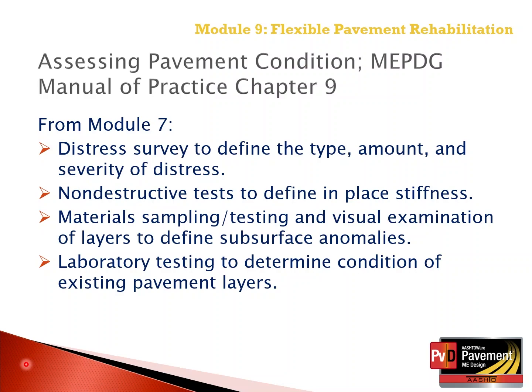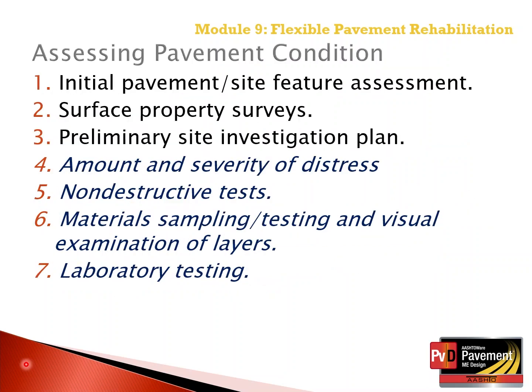This information will also be used within Module 9 on flexible pavement rehabilitation design, as it was under Module 8 on rehabilitation designs of rigid pavements. Assessing the pavement condition, as explained and described in Module 7, the MEPDG Manual of Practice in Chapter 9 can be grouped into 7 basic areas.